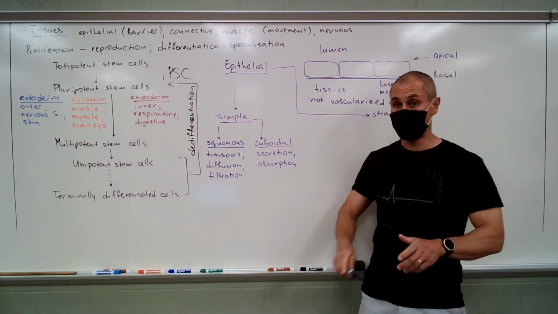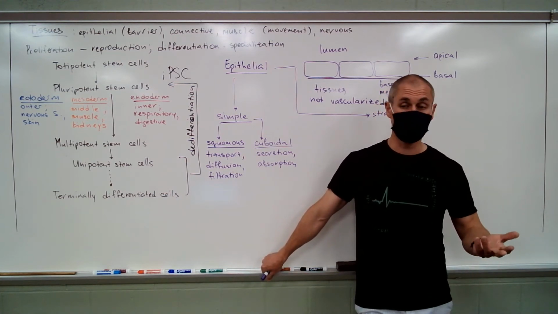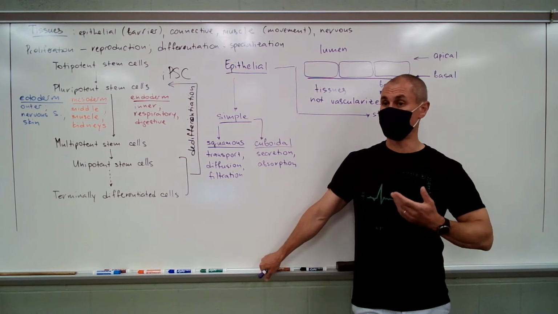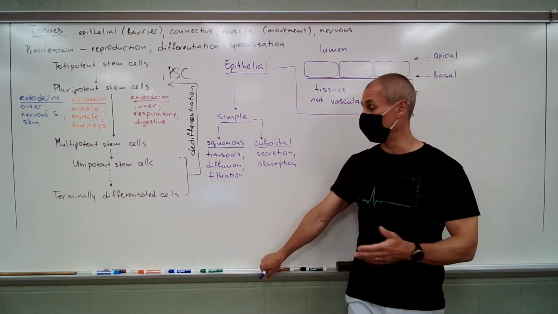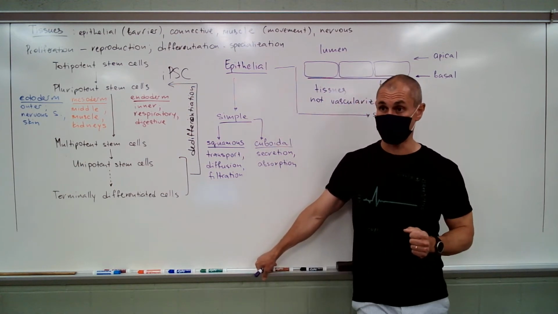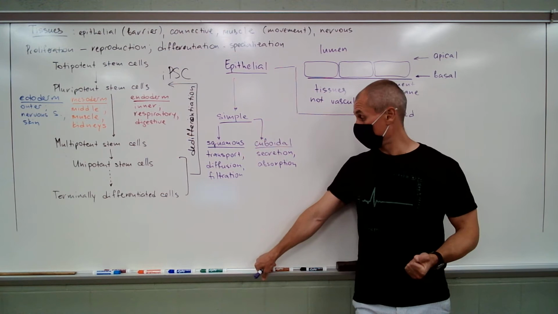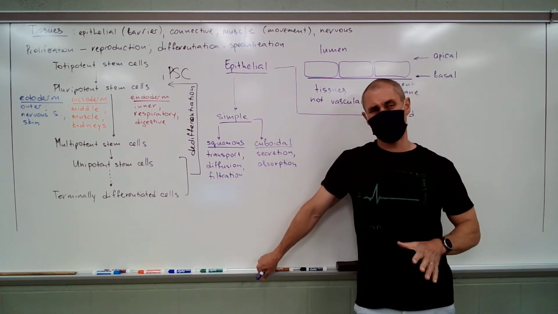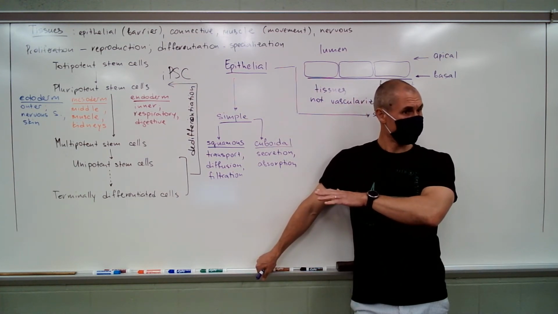So if cuboidal epithelium can secrete, it's going to be found in the secretory organs, right? We're talking about various glands. Many glands contain cuboidal epithelial cells, like thyroid and some parts of the pancreas. And absorption, more specifically, kind of reserved for the kidneys here. Okay? That makes sense?